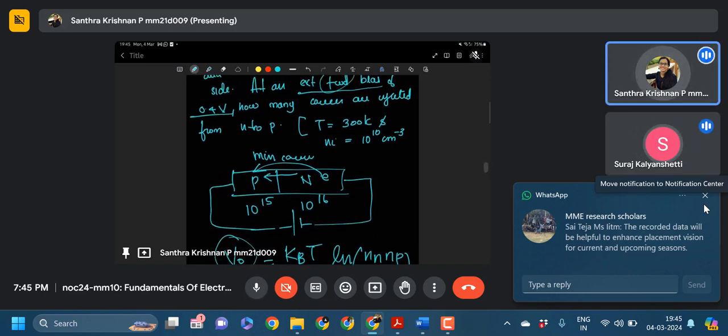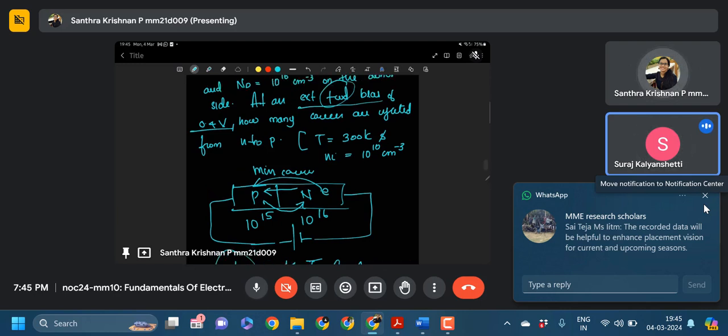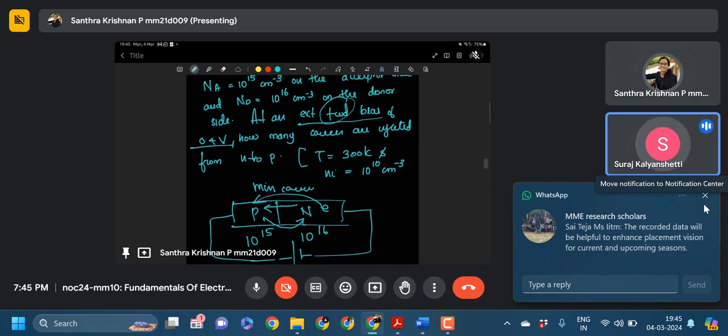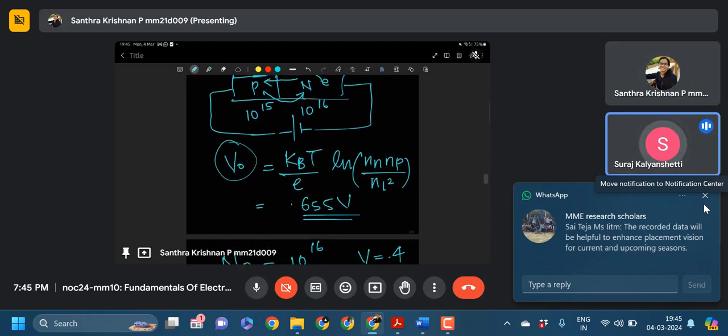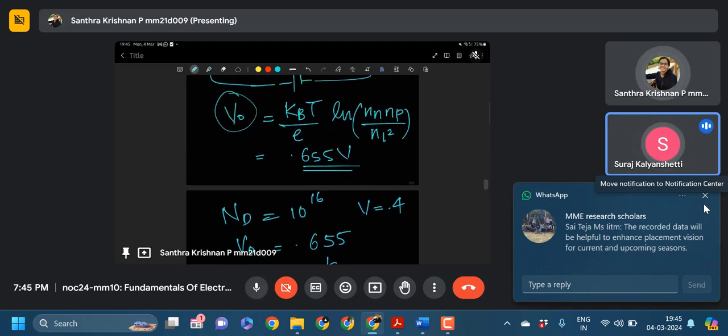Okay, in the same setup you are asking. Then that is possible, yes, that too you can calculate. Then instead of n naught p, it will start as n n0 is equal to n p0 exponential.